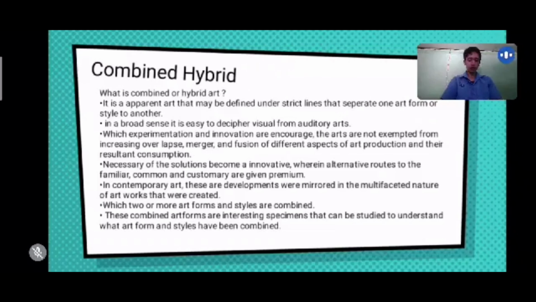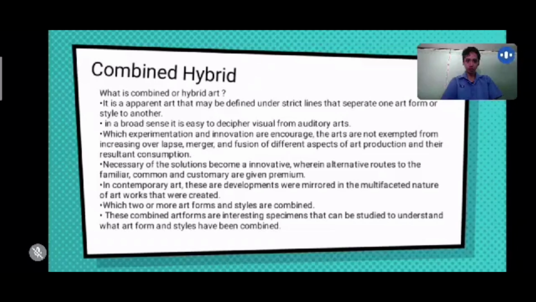What is combined art? Combined arts is where different art forms interact and create something new and exciting across outdoor arts, carnival, festival, spectacle, interdisciplinary work, live art, and participatory and social art practice, in which two or more art form styles are combined.